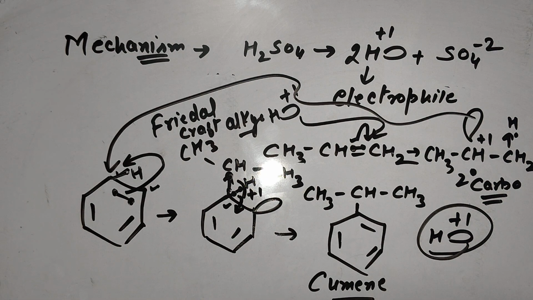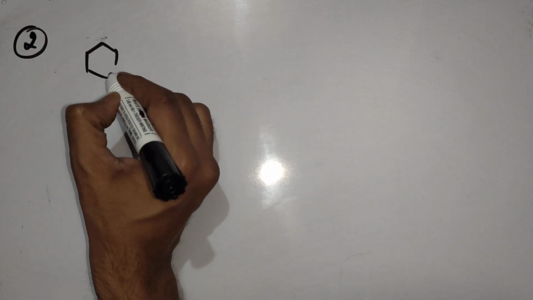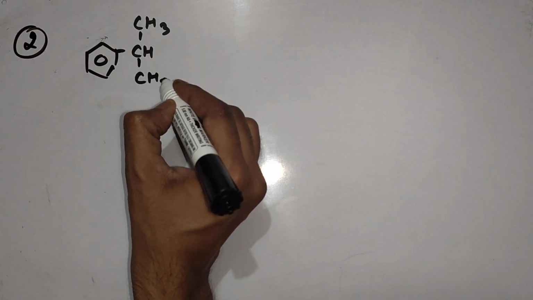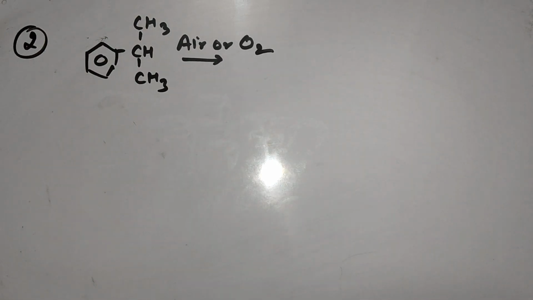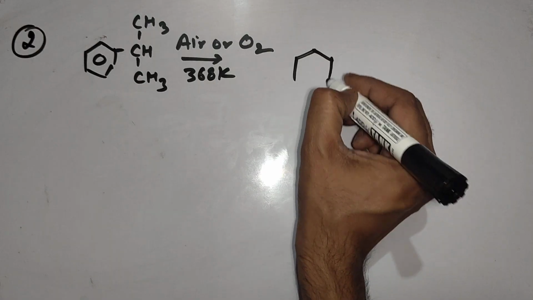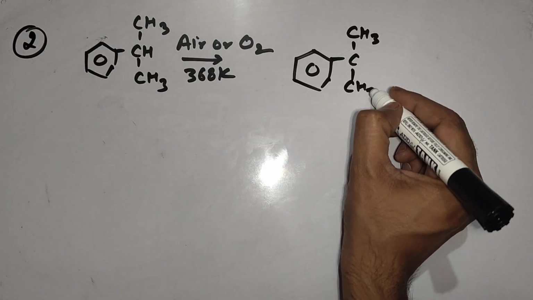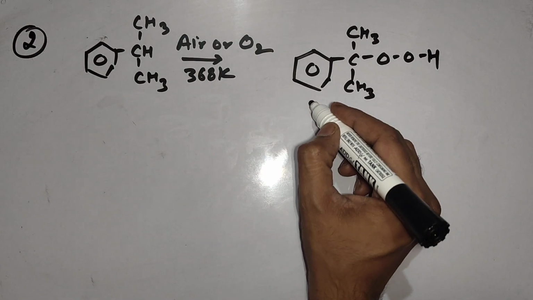Let's go to the second step mechanism. Now what will happen with this cumene? The second step was: this cumene which we are using, we have passed air or oxygen gas and heated it up to 368 Kelvin temperature, due to which another compound was generated, this one, cumene hydroperoxide.